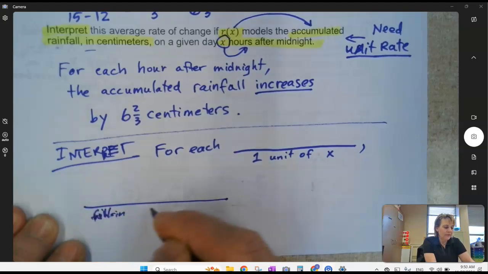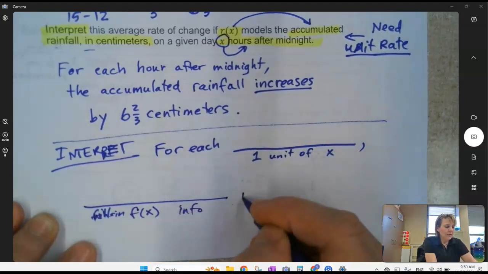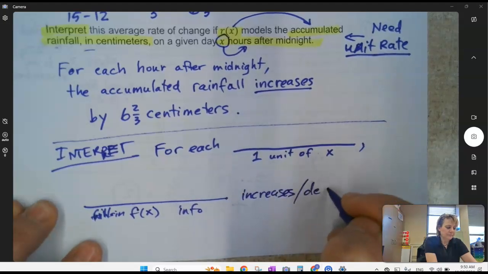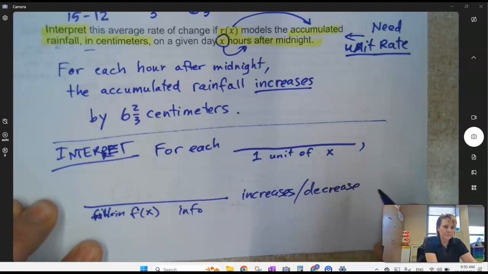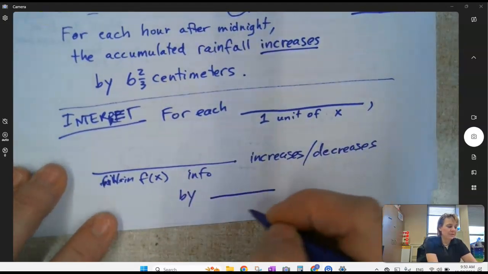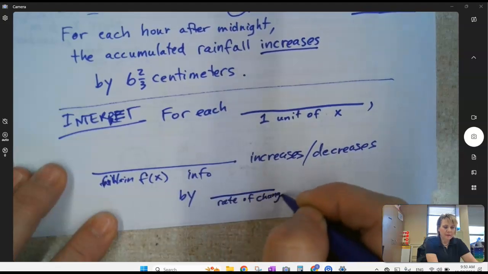Fill in the f of x info. Increases or decreases by, and then say how much, your slope, rate of change. Okay?